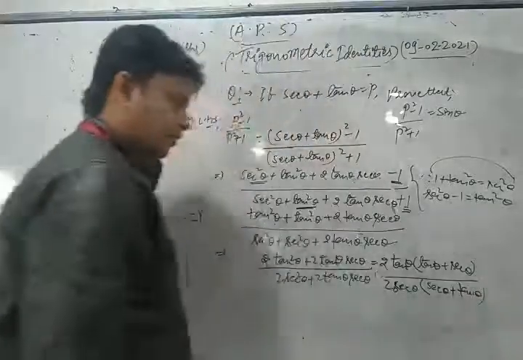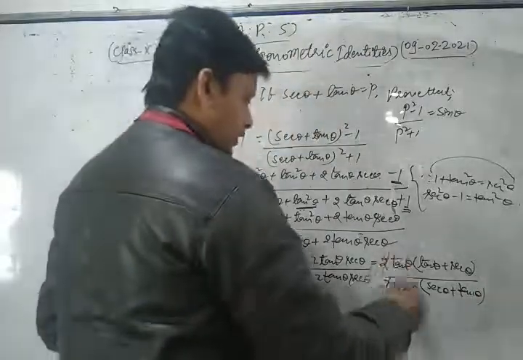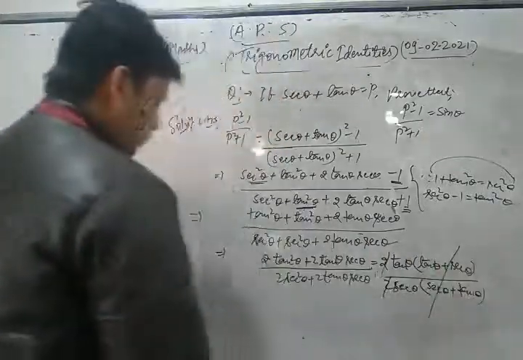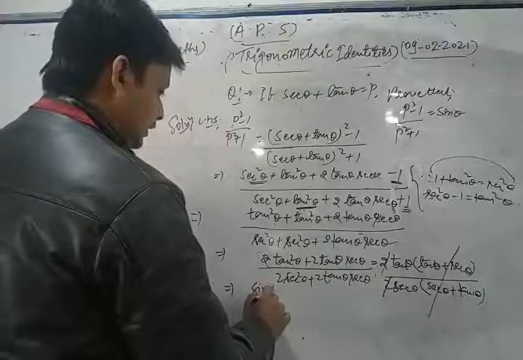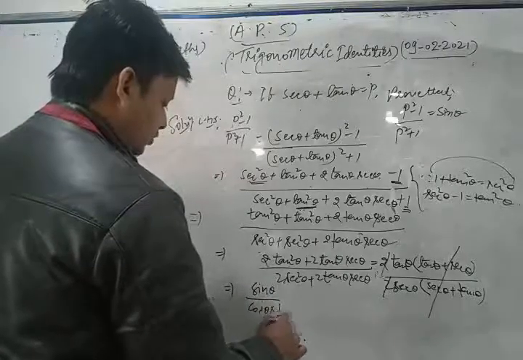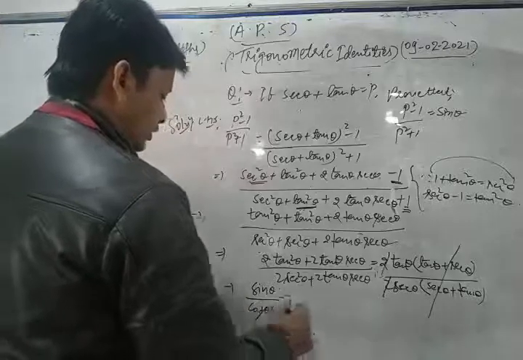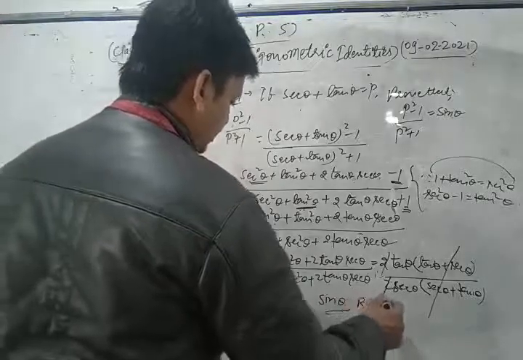Now let's see what we get. 2 cancel to each other, sec theta plus tan theta cancel to each other. Now tan upon sec is left. Now we convert into sine. We can write sin theta upon cos theta, and sec theta is 1 upon cos theta. Cos cancel to each other, so we get sin theta, hence proved. We get our RHS.